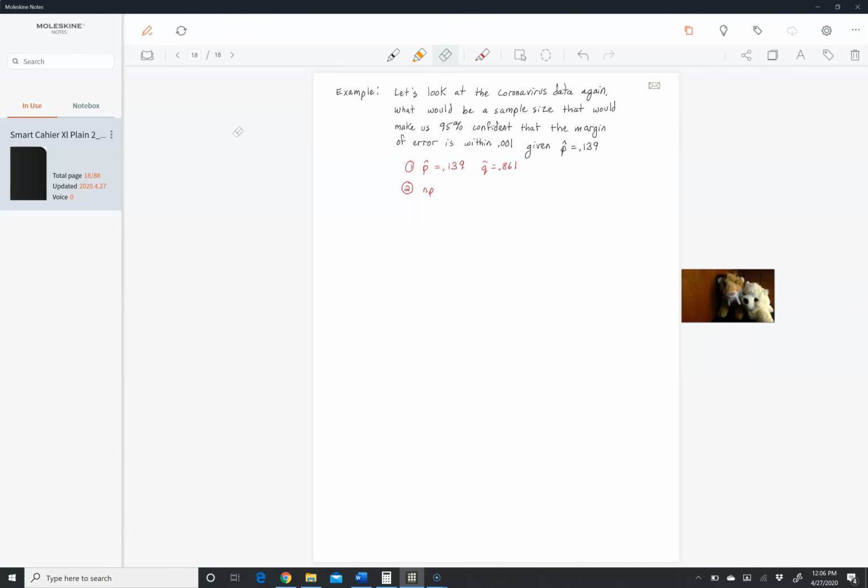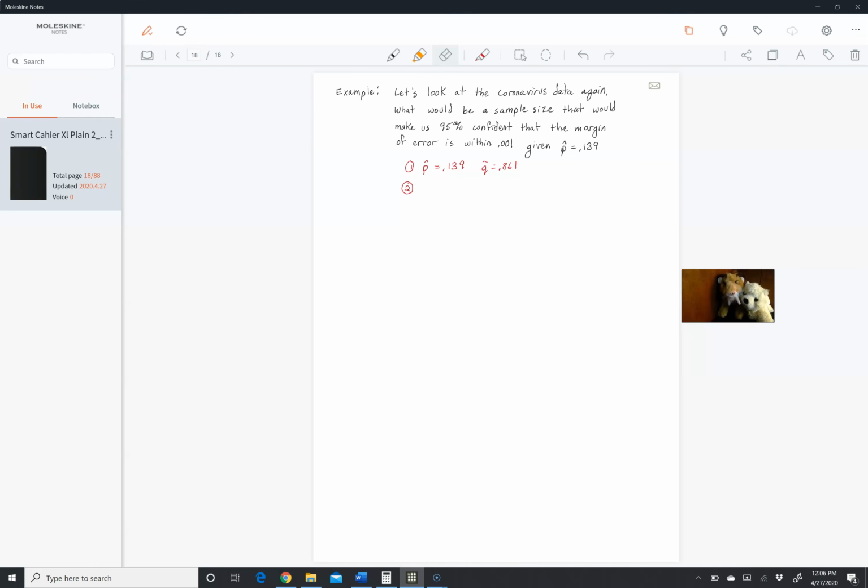For n times p hat, well, n we don't know, so we're assuming that it follows a normal distribution, because we're using the z-score. We don't know what n is, we're looking for it.